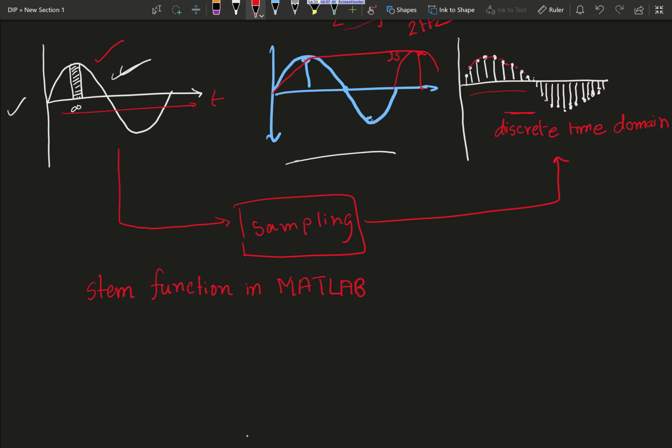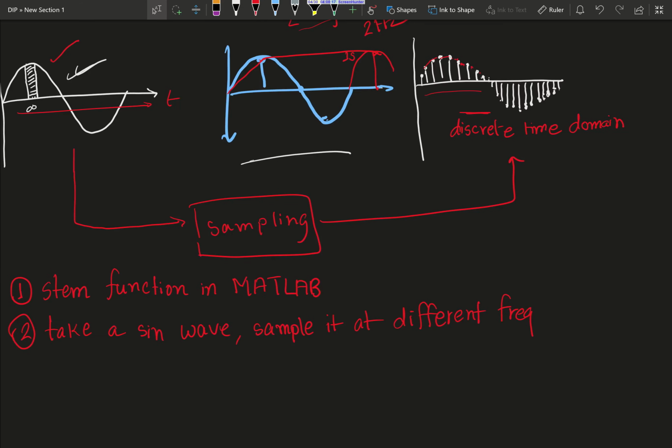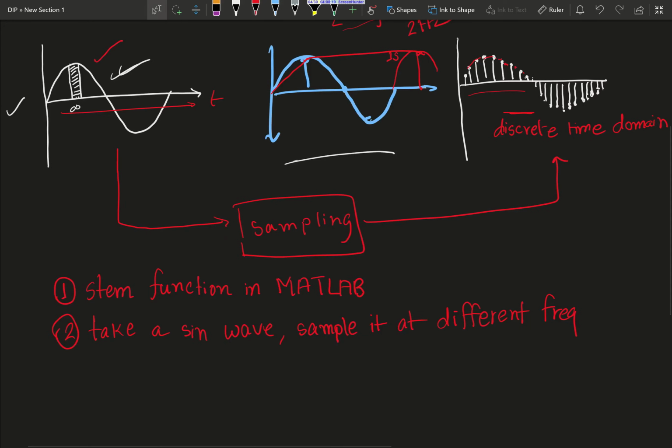Take a sine wave, sample it at very different frequencies, and observe the results. That's it.